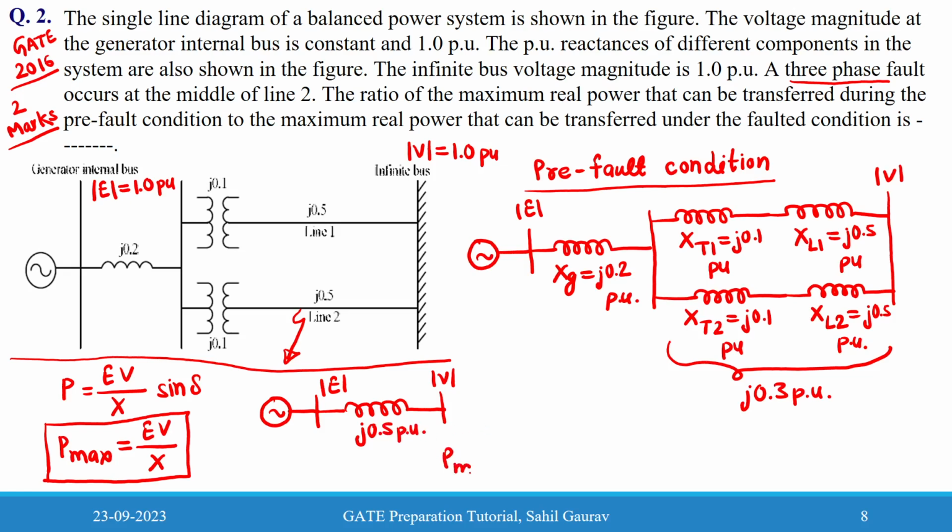So we can write P max pre-fault as EV divided by X. E is 1.0 and V is also 1.0, and X equivalent is j0.5, so it will be minus j2 per unit.